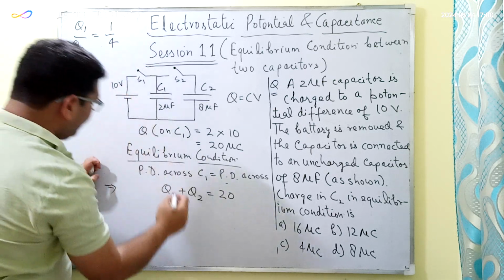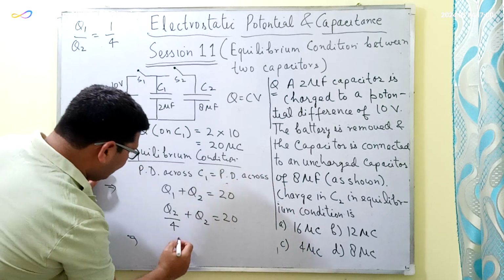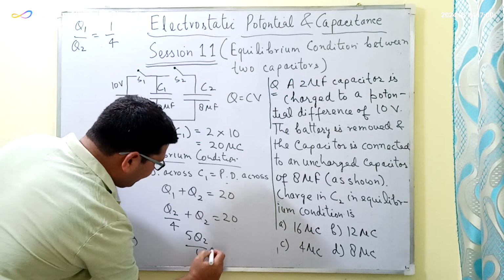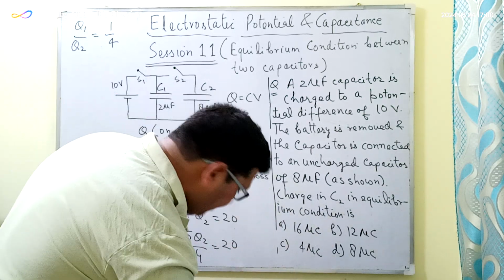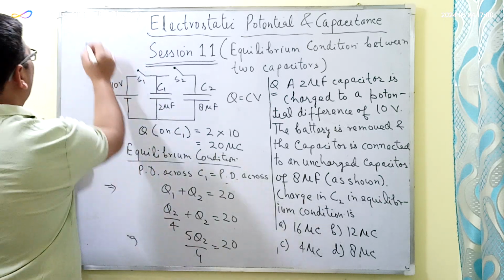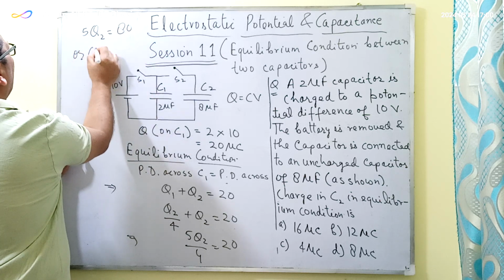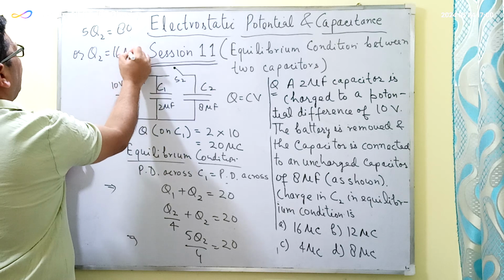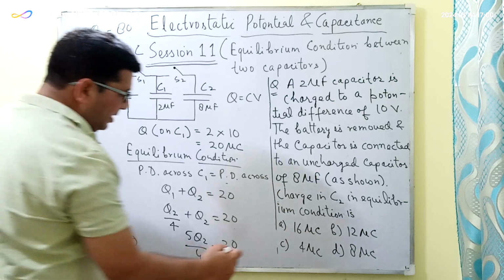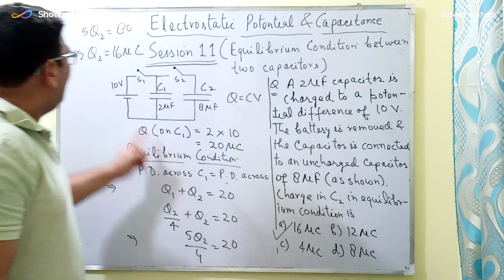So Q2 upon 4 plus Q2 is equal to 20. It implies that 5Q2 divided by 4 is equal to 20, or 5Q2 is equal to 80, or Q2 will be equal to 16 microcoulomb. So our correct option is the alternative A, that is 16 microcoulomb.